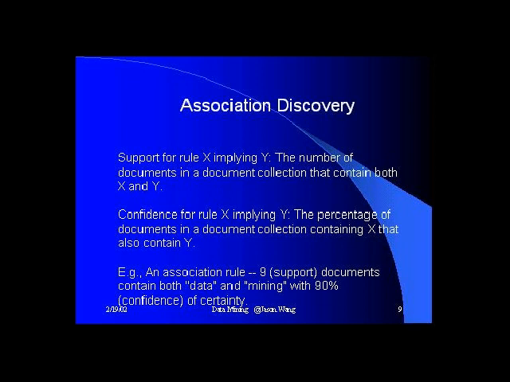Everything here is essentially similar to your homework 1, transactional database association discovery. In homework 1, you focus on the so-called item sets, where each transaction is a collection of items.